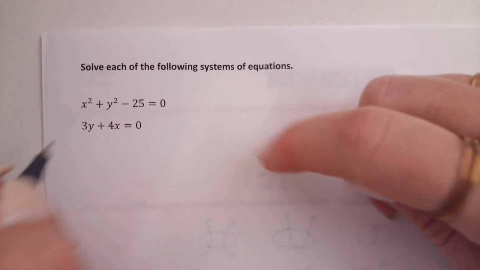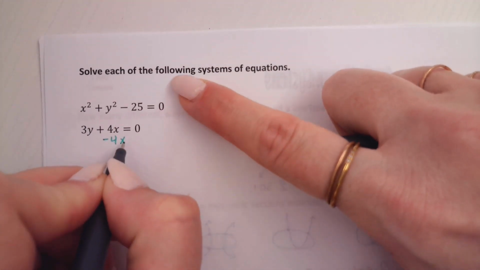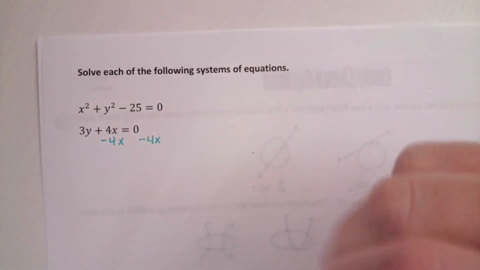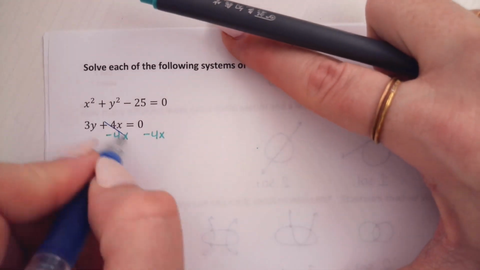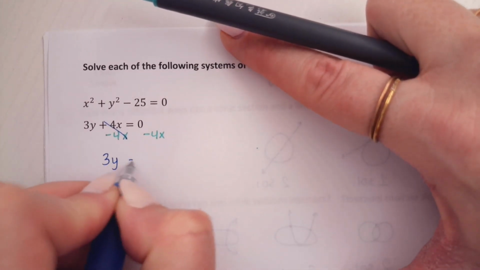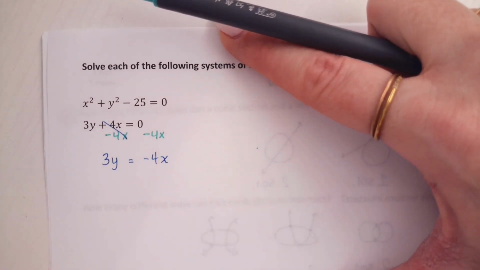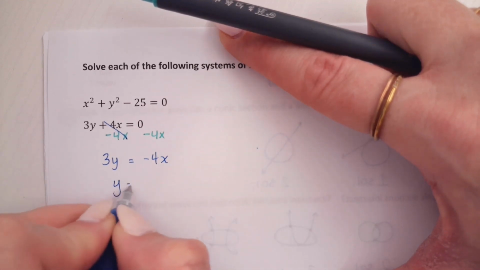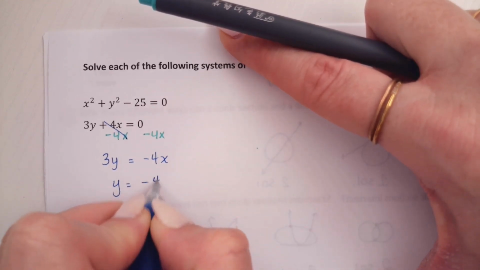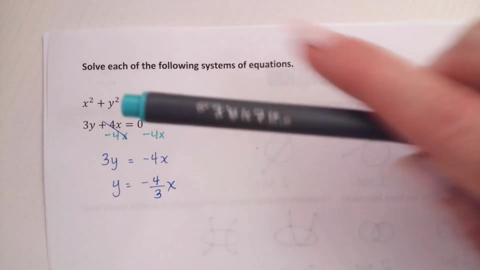Okay. Let's see. To isolate y, we'd have 3y equals negative 4x. And then if you divide by 3, you get y equals negative 4 over 3 x.